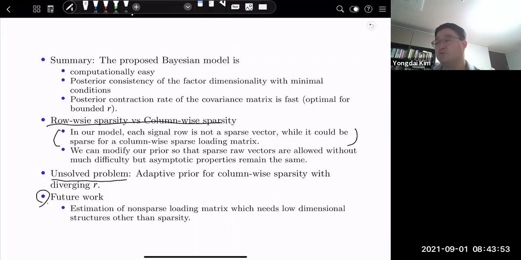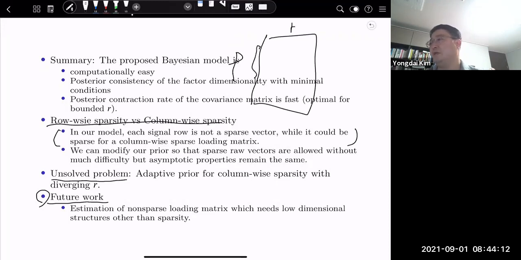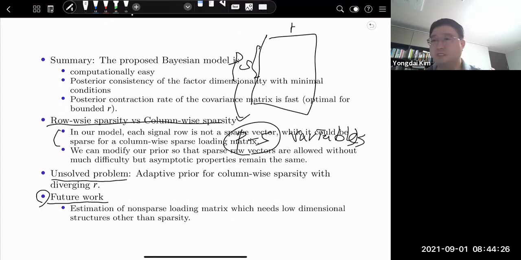And there's one future work we are working on now, because we found a problem in the sparse factor models. This is the factor loading matrix, P times R, and only as many rows are non-zero. That means the remaining P minus s variables are simply noise. They do not depend on Z. We think this is somehow an unlikely assumption in practice, so we need some way of estimating a non-sparse loading matrix for high-dimensional linear factor models.